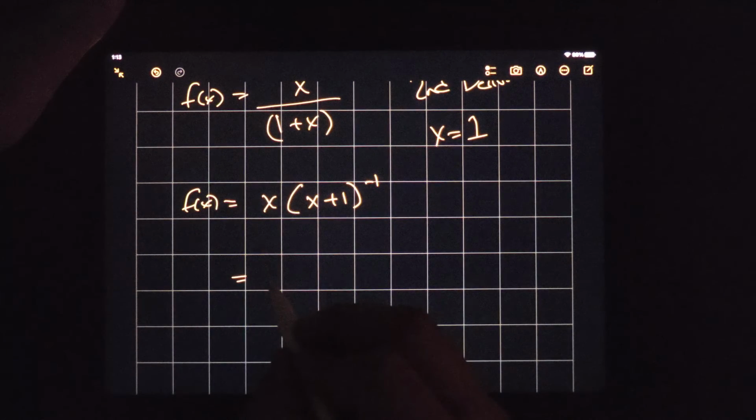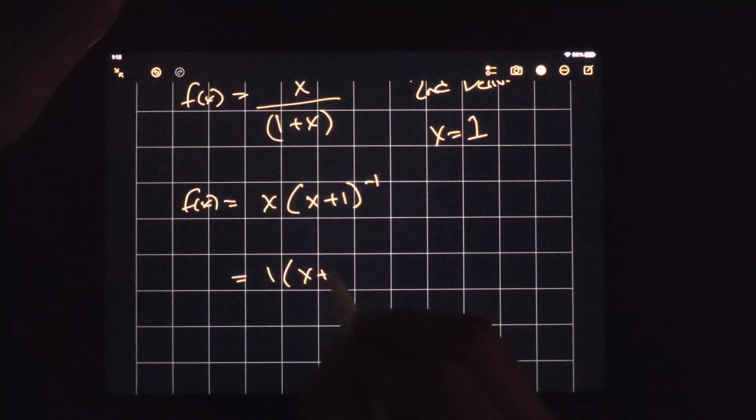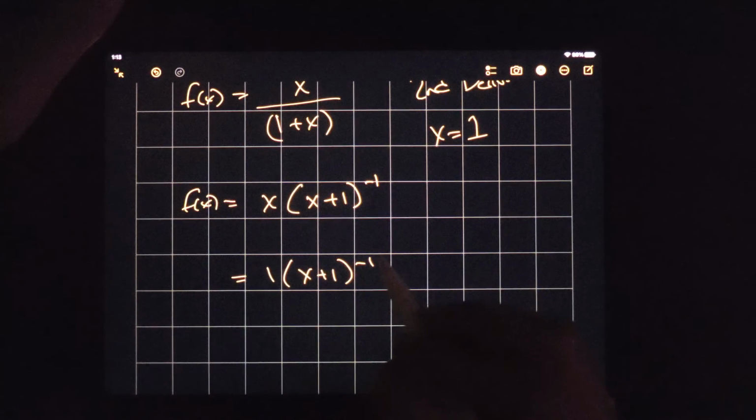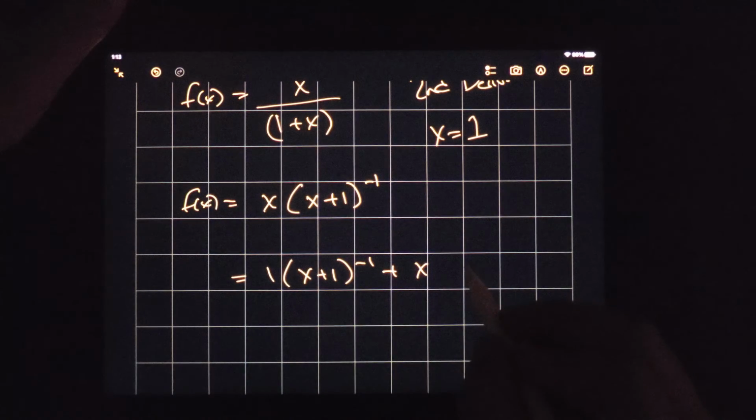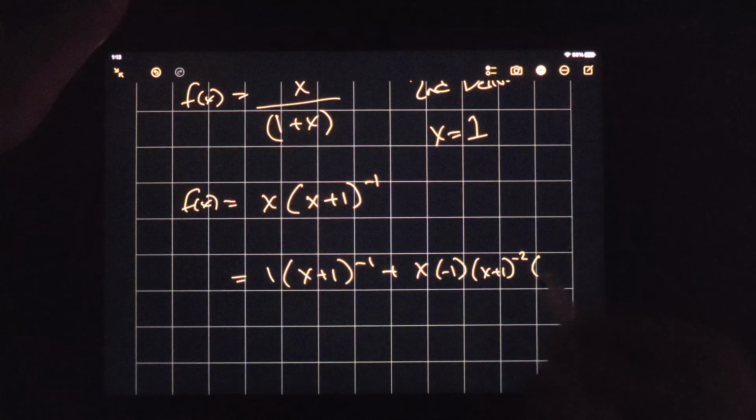So I should have the derivative of the first one, which is 1 times, plus the derivative of the plus x actually, times the derivative of that one, so that'll give me negative 1. Derivative of the inside.